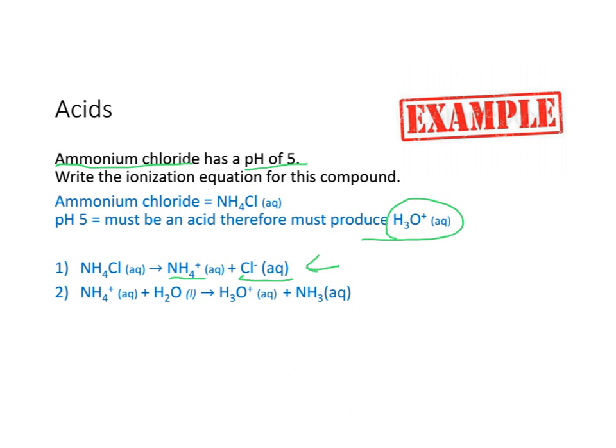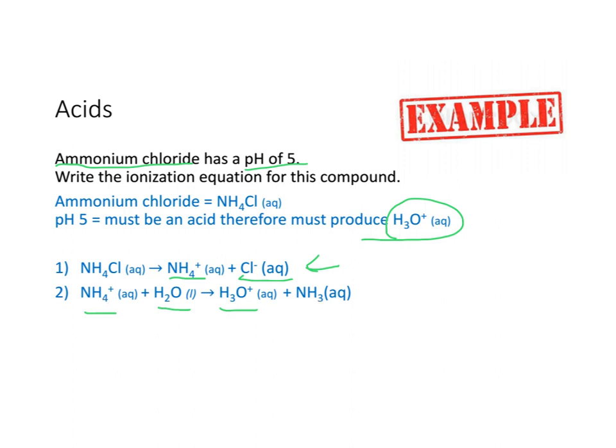Next, step 2, we're going to take the hydrogen-containing compound and react it with the water. Well, in the case of ammonium chloride, it's ammonium that contains a hydrogen. So, we take the ammonium ion and react it with the water to produce hydronium. Well, what else is left? Right? We have now taken a hydrogen from NH4, so it's no longer NH4, but now it's NH3.